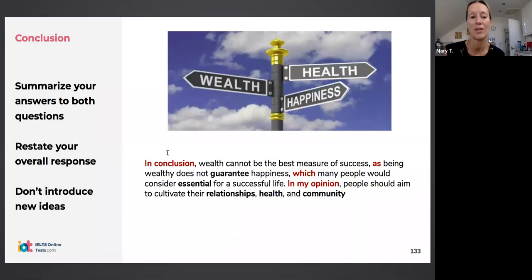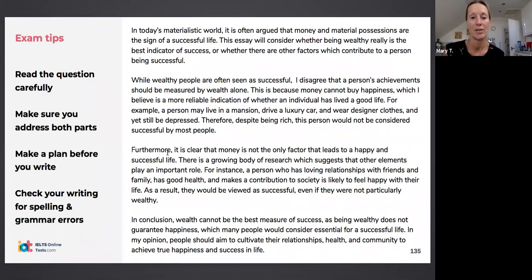Okay, so remember, you're not introducing new ideas, you're going back to what you discussed earlier. So it's like society, relationships, community. As you can see, the verb cultivate is quite a useful one because it collocates with many different nouns. So you've got cultivate their relationships, health and community to achieve true happiness and success in life. Okay, so that is the whole essay.